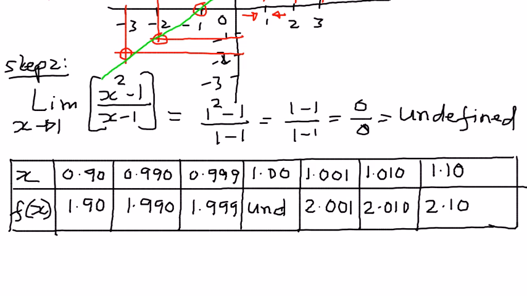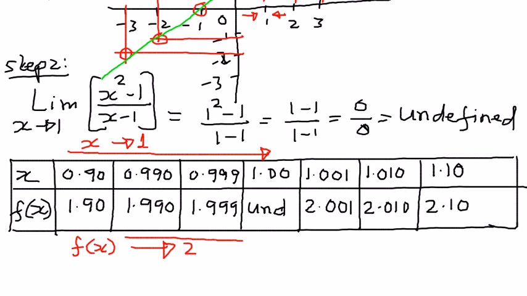So let me state this as follows. As x approaches 1 from the left side, the value of this function is going to approach 2 from the left. So as the value of x approaches 1 from the left, the value of the function is going to approach the value 2.